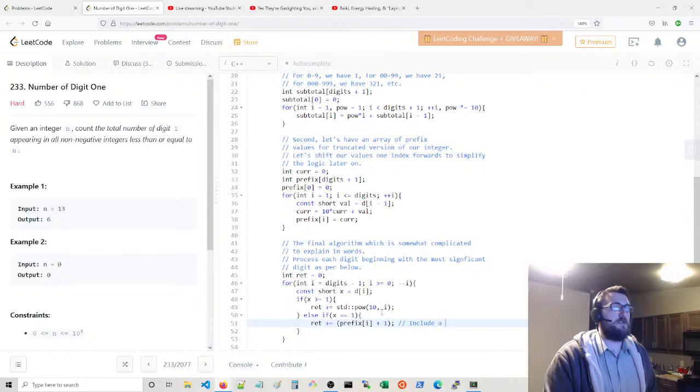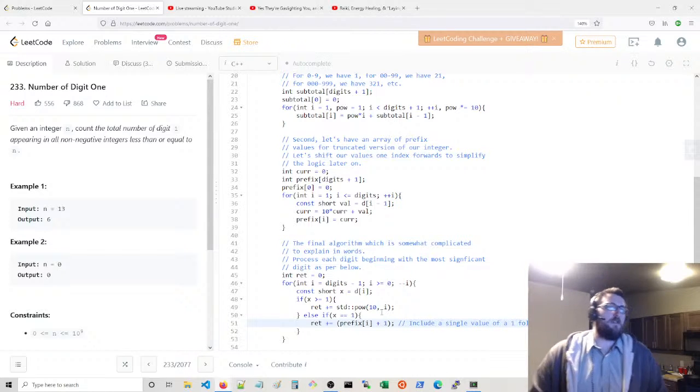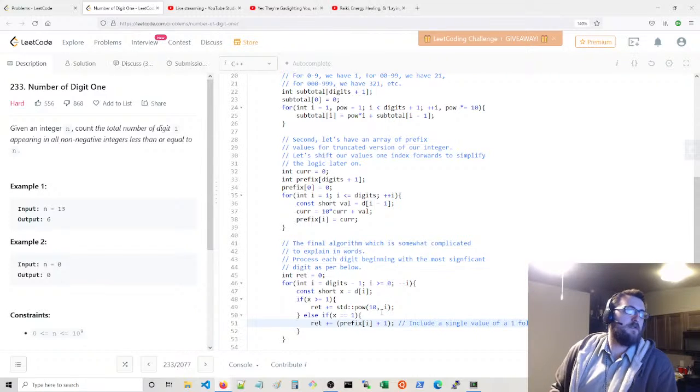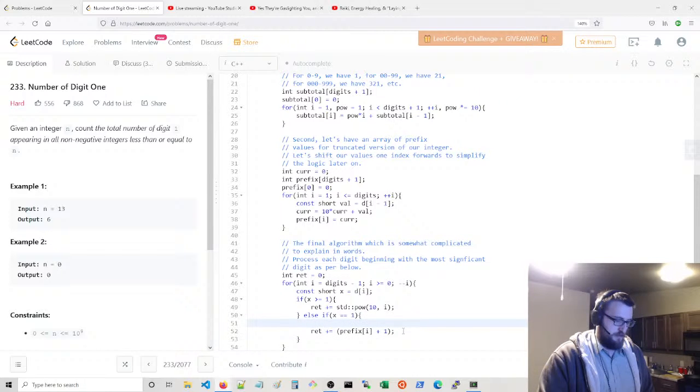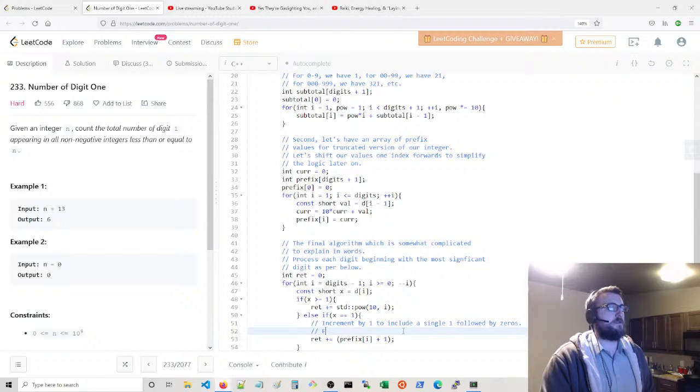Include a single value, a 1 followed by zeros. Yeah, so increment by 1. For example, 15.